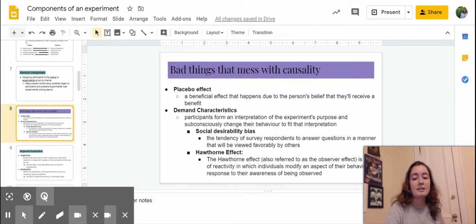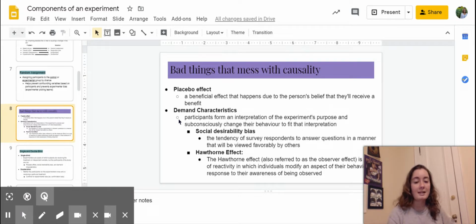Demand characteristics, like I said, are when participants form an interpretation of what the hypothesis or the purpose of the experiment is, and they try to change their behavior to please the researcher. So social desirability bias is like if you're taking a personality quiz or a survey, or doing anything in an experiment, to try to answer and behave in a way that looks favorably upon others. So you're trying to look good, right?